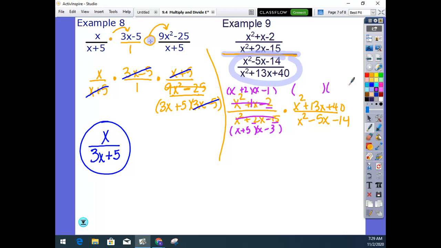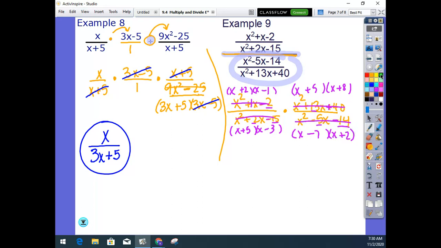Factors of 40 that add to get 13, plus 5 plus 8. Factors of 14 that subtract to get 5, minus 7 plus 2.